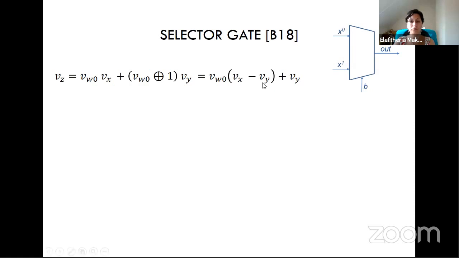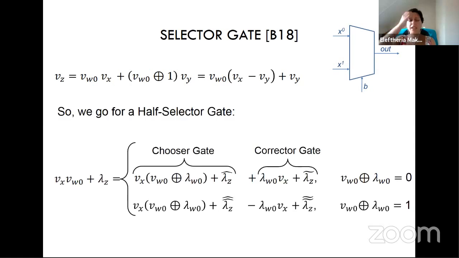So if I consider this difference as my input, I can simply garble a half selector gate and I will get the same result because subtraction and addition are essentially for free.